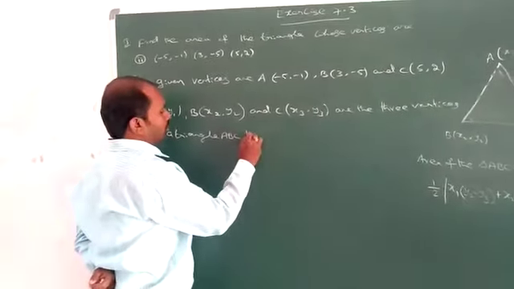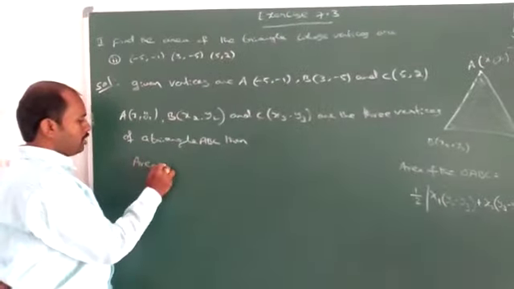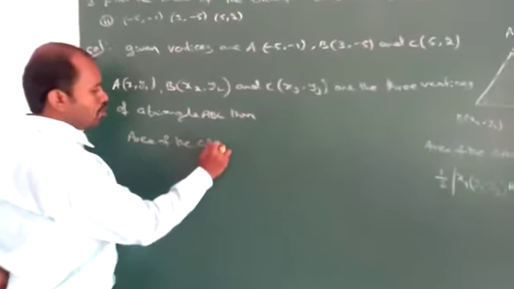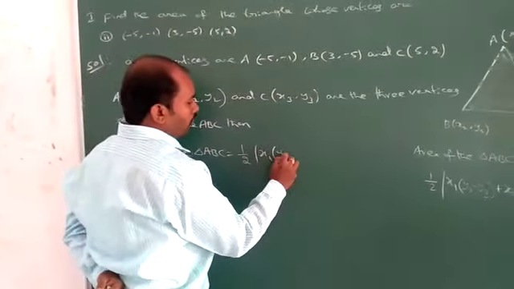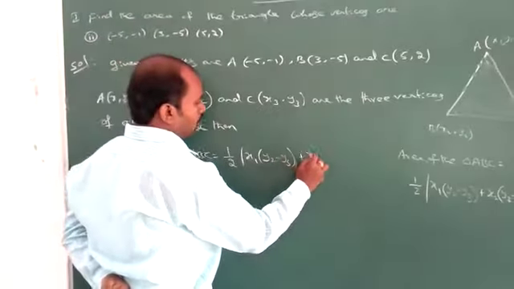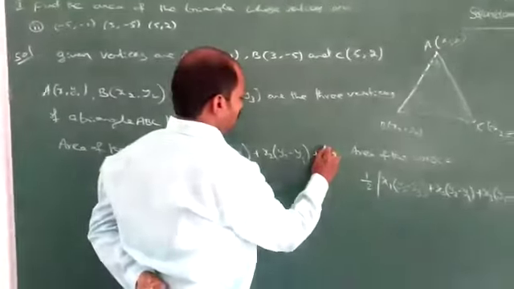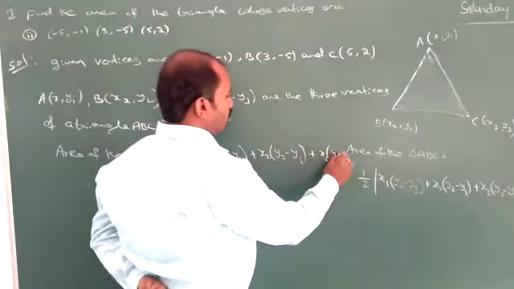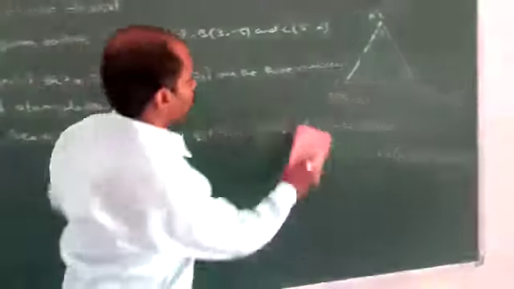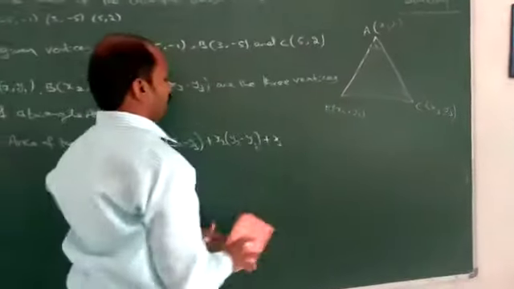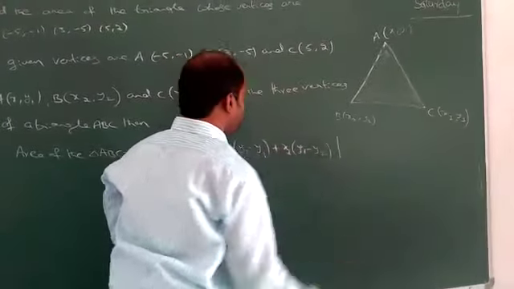Then area of the triangle ABC equals half into modulus of x1 into y2 minus y3 plus x2 into y3 minus y1 plus x3 into y1 minus y2. Modulus close. We already discussed the formula, the same you write here.